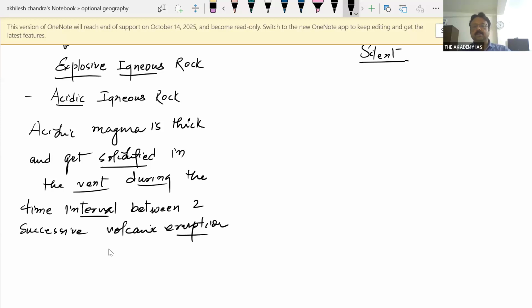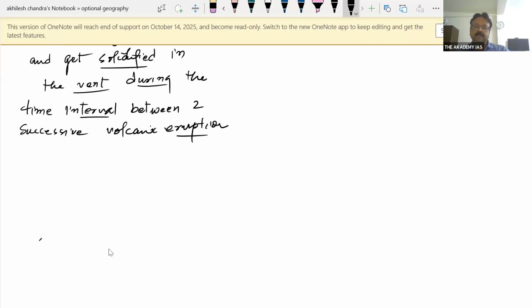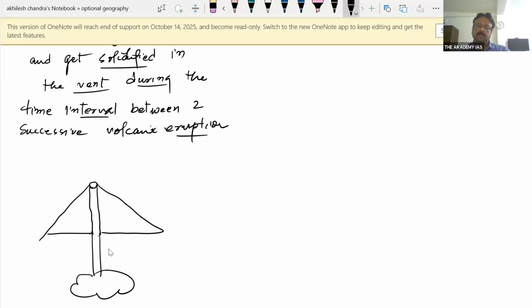Between two volcanic eruptions, the acidic magma is quite thick. So this is the vent, and it's a magma chamber. The magma which is acidic is thicker, so this thicker magma gets solidified in the vent and clogs the vent. So there is formation of a lava plug, and it clogs the vent.